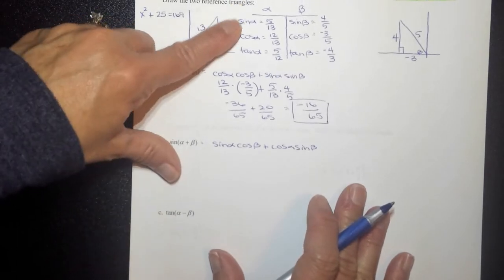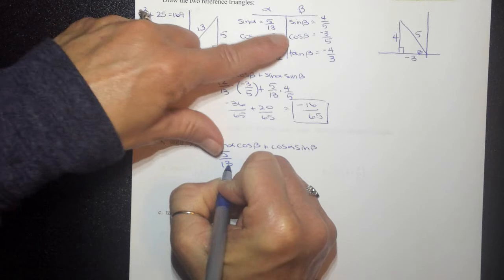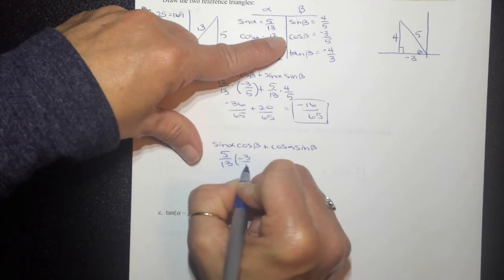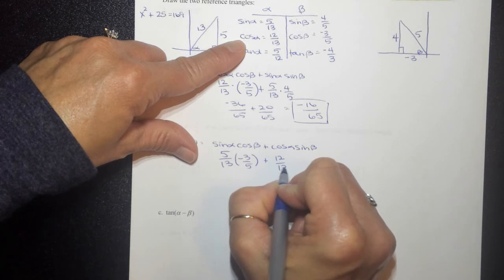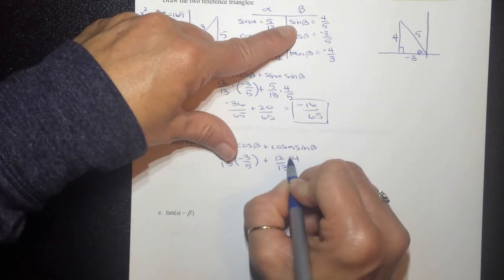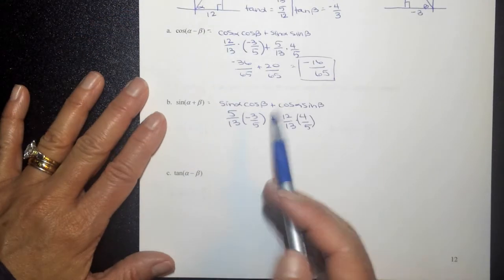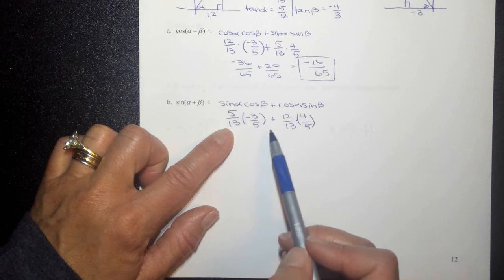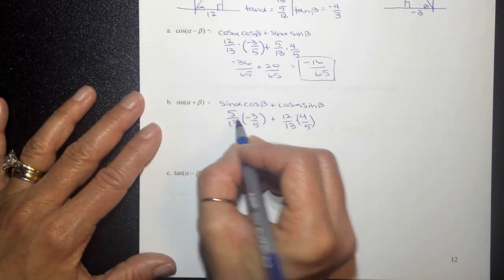So up here, the sine of alpha is 5/13. I make a full substitution. Cosine beta, negative 3/5, plus cosine alpha and sine beta. Okay, because these are coming from the same triangle, my denominators are going to be the same. So what is this?